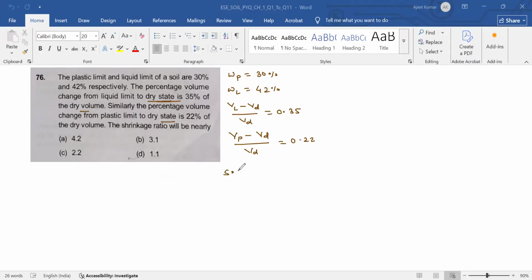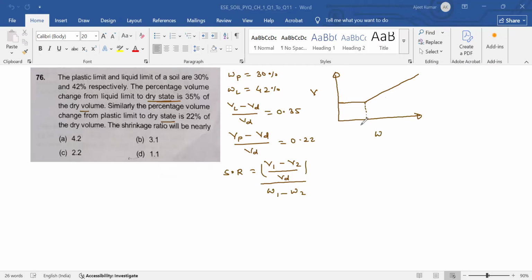So what is shrinkage ratio? Shrinkage ratio is volume V1 minus V2 divided by Vd, and the corresponding change in water content W1 minus W2. We can see this expression using a graph. If we take a graph of volume versus water content, it will be like this.